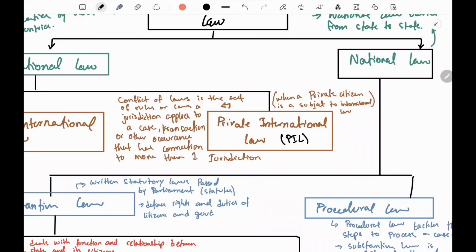So there is more than one jurisdiction involved in the process. There is one country and then there's another country. If any dispute or problem arises, then the legal guidelines and principles will dictate what solution should be gathered or which jurisdiction's laws should be followed.